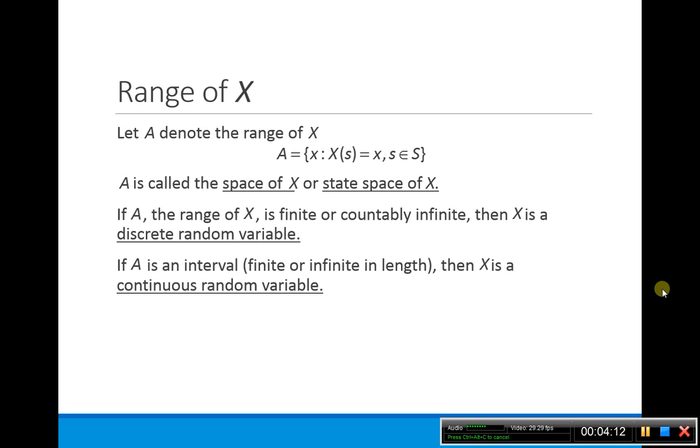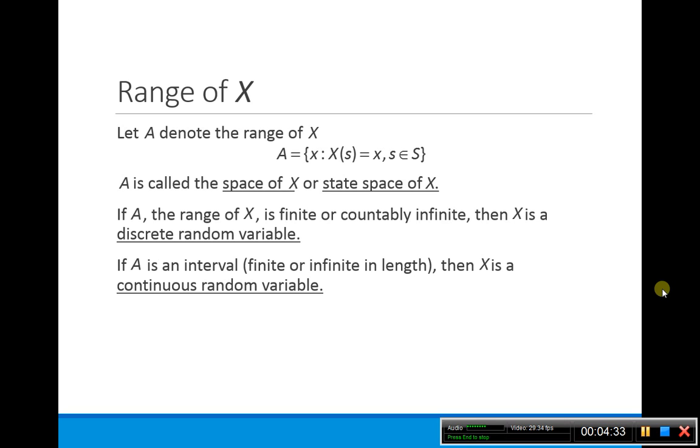The range is denoted by A, which is the space of X, or called the state space of X. In the example with the two coins, X is called a discrete random variable because the range of X is finite or countably infinite.